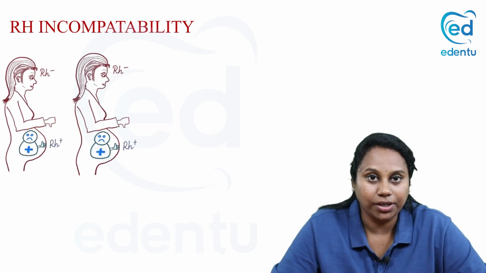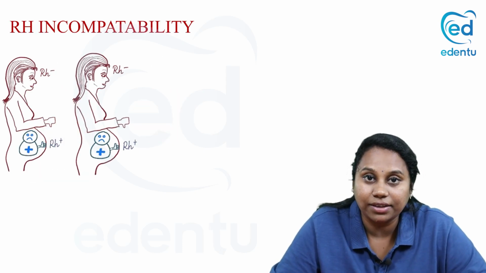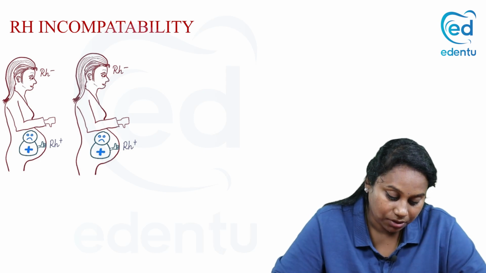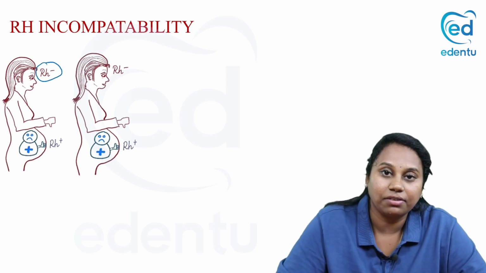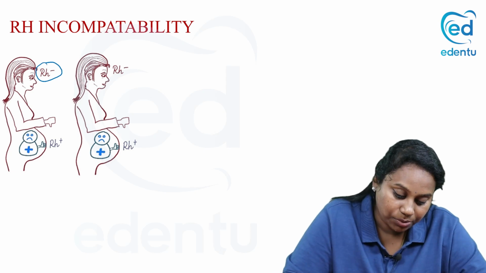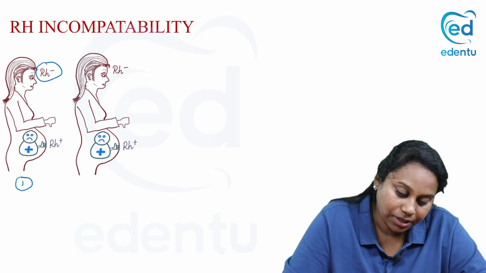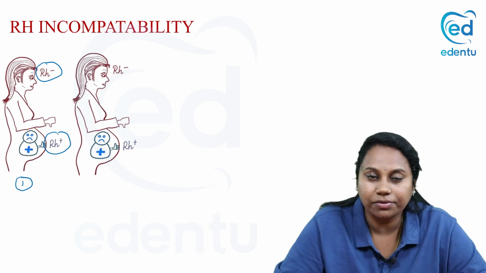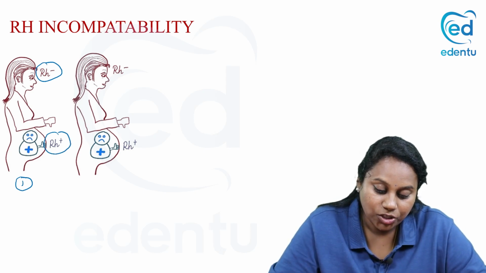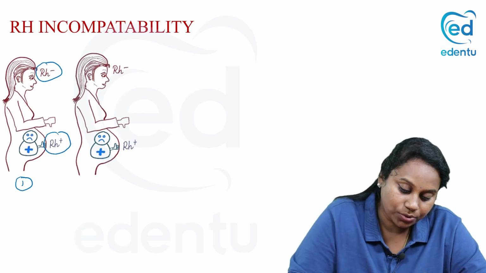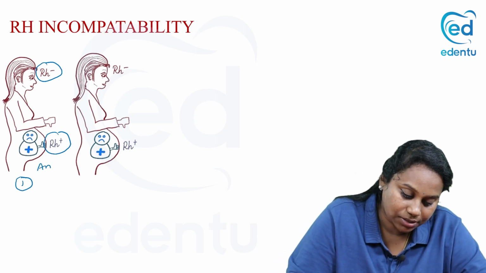Rh incompatibility. This is very important on the clinical side. So we have a pregnant mother here. The mother is Rh negative. This is the first baby. The baby is Rh positive. Now what happens? The Rh positive baby can produce Rh antigens.